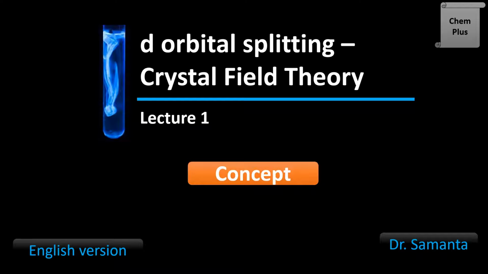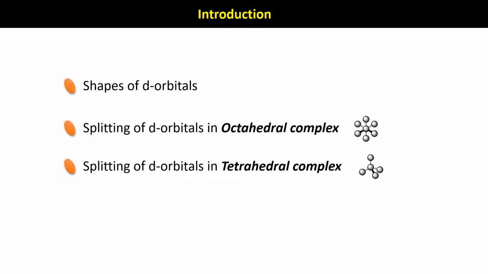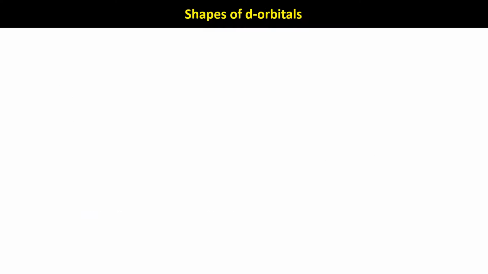In this video, I will discuss splitting of d orbitals in various complexes. In this, we will be discussing shapes of d orbitals, splitting of d orbitals in octahedral complex, splitting of d orbitals in tetrahedral complex, and splitting of d orbitals in square planar complex.